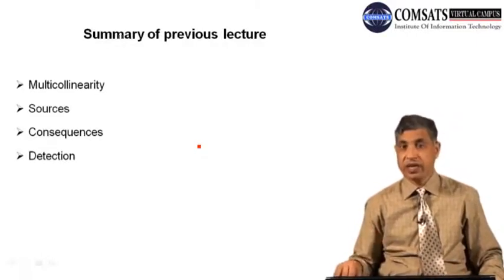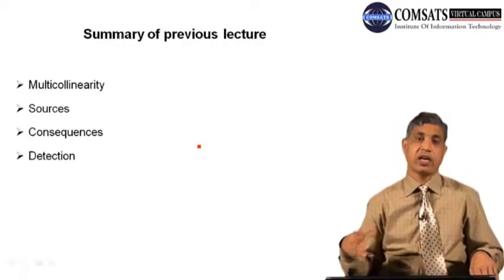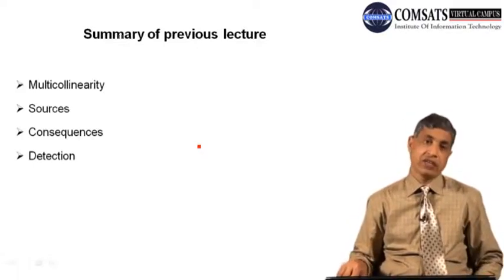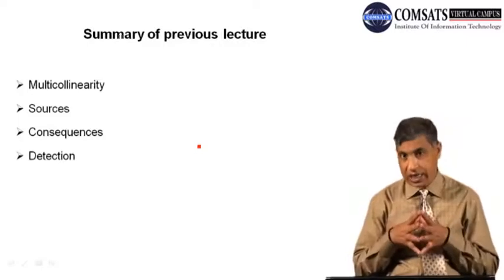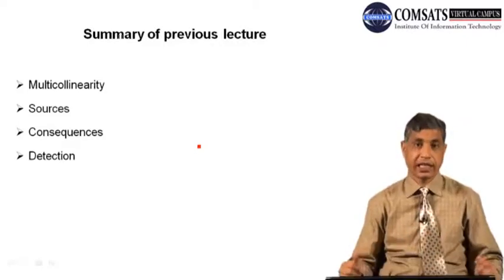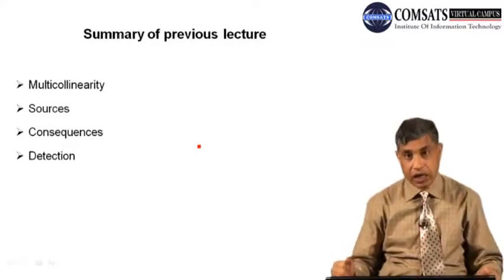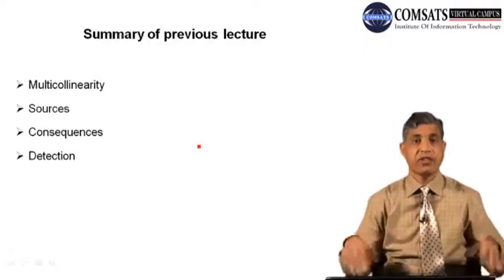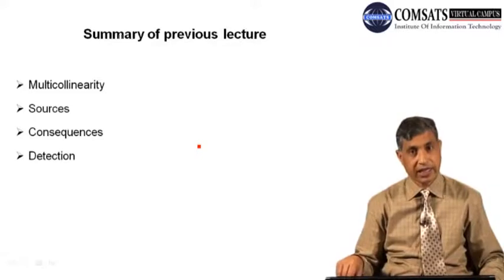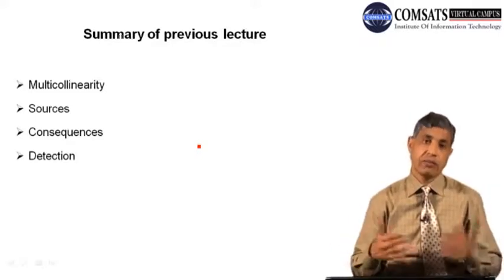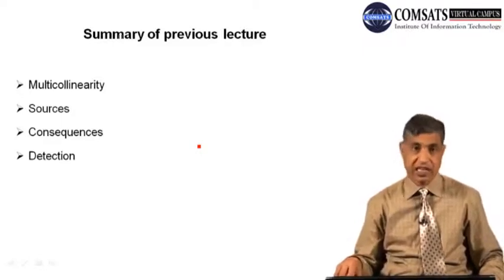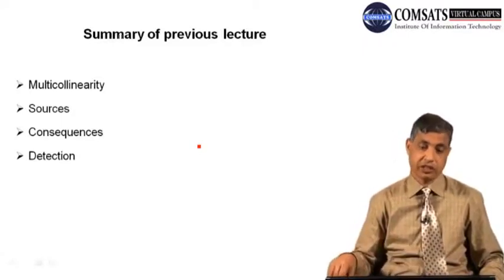The discussion from where there was a break in the lectures was detection, that is, how to detect multicollinearity in the data, because our ultimate purpose is to find a remedy if there is multicollinearity, so that we may avoid the problem of the increasing acceptance region.